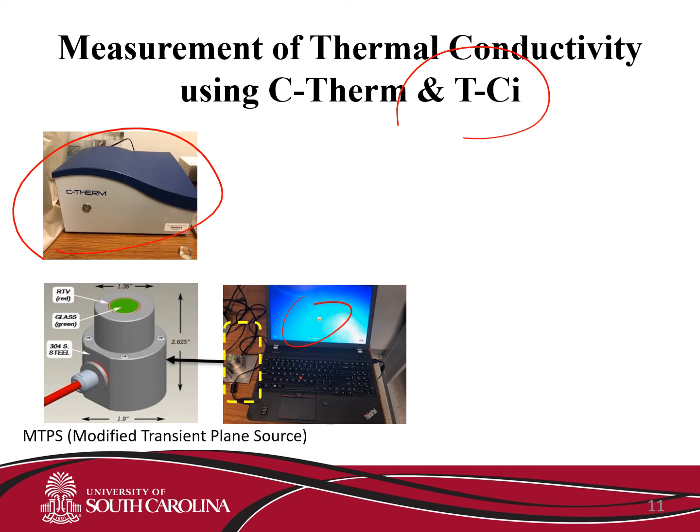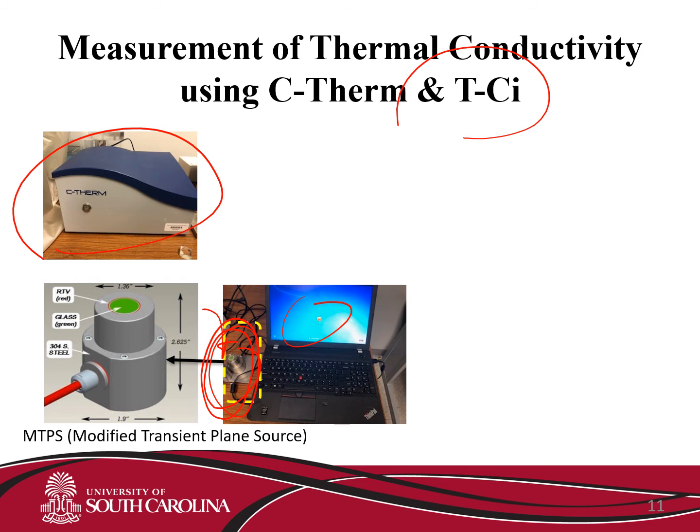And this is the cross-sectional area from this device on which we place the sample, which is called MTPS. C-Therm is an additional laboratory apparatus available for thermal conductivity measurement. It is deemed faster, but perhaps less accurate. We don't know. You need to find out.